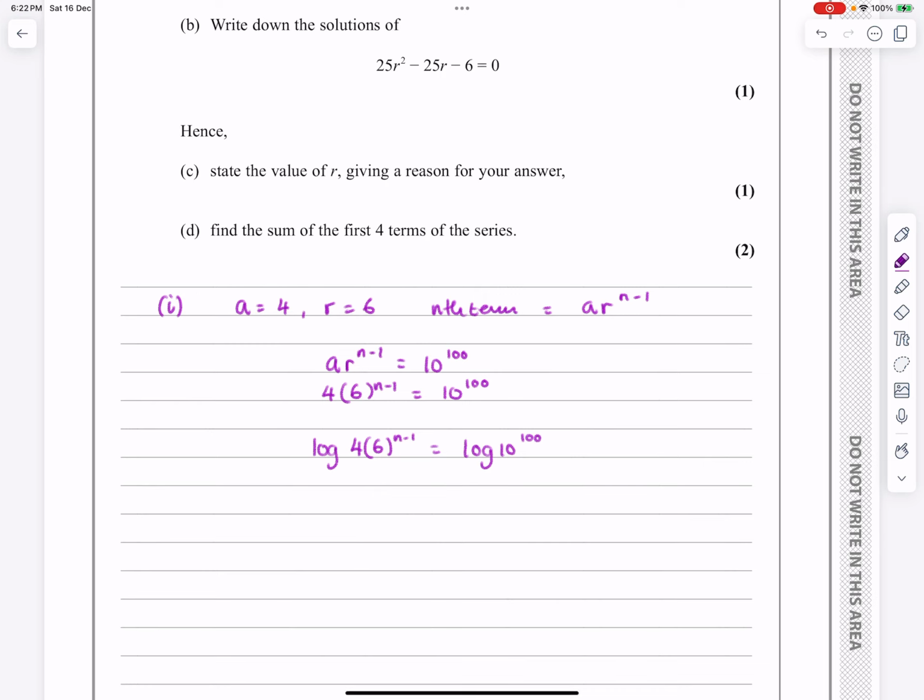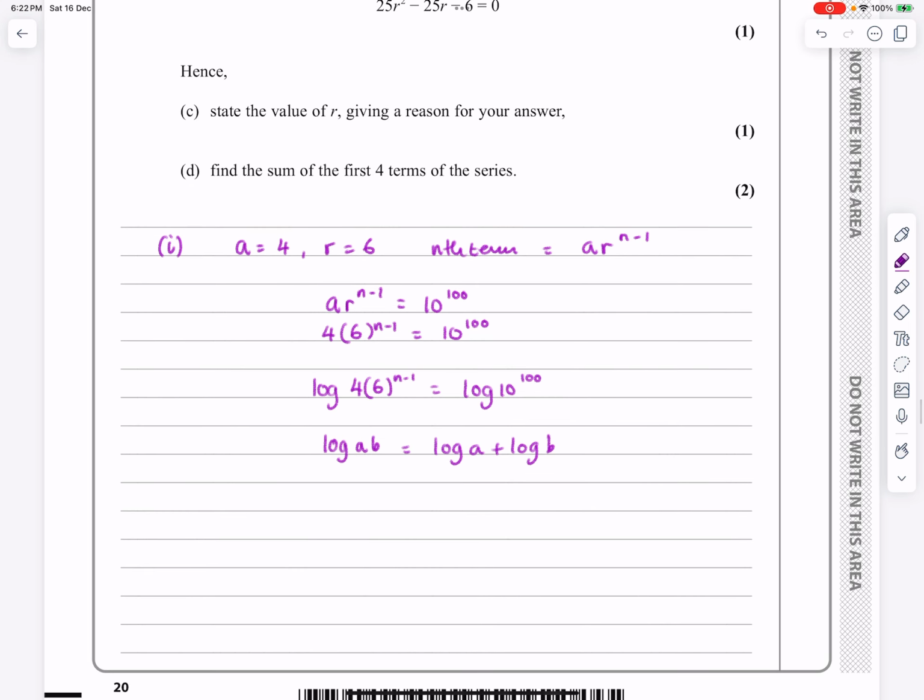Now, once we've done that, we're going to start using some of our log rules. Log AB is log A plus log B. And the other one that we're going to be using is log A to the n, which we're going to call n log A. We're going to be able to take the power down. That's the one that we use most often, I think, with our log rules.